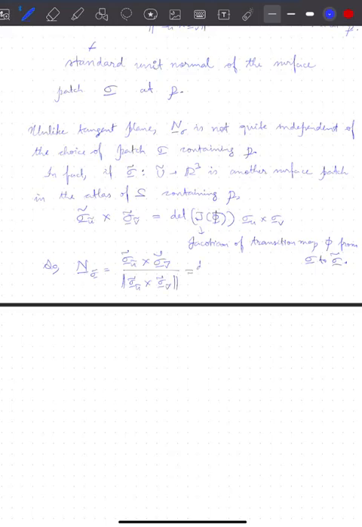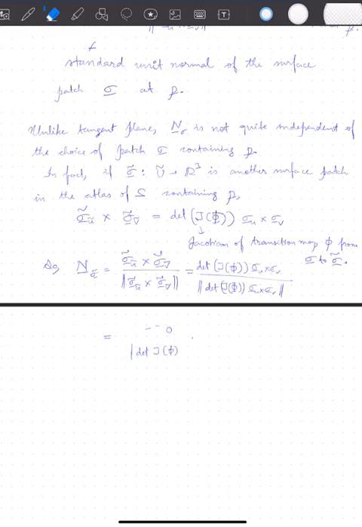And then we can put it as the determinant of J of phi times sigma_u cross sigma_v divided by the magnitude of the determinant of J phi times the norm of sigma_u cross sigma_v. So this will be the determinant of the Jacobian of phi divided by the magnitude of the determinant of the Jacobian of phi.